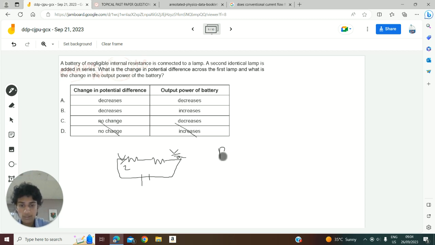So we can use the formula P is equal to IV. In the first case, P would just be IV. But we know that I is also equal to V by R. In the second case, since we have two resistors, the resistance would be twice, so it would be V over 2R.